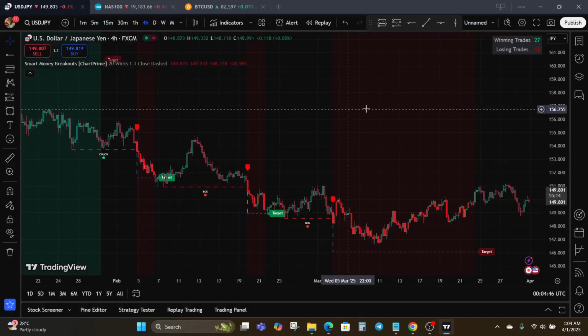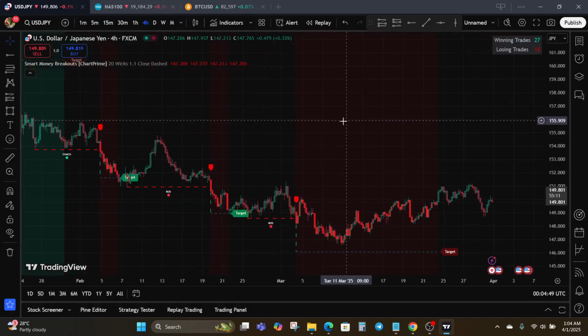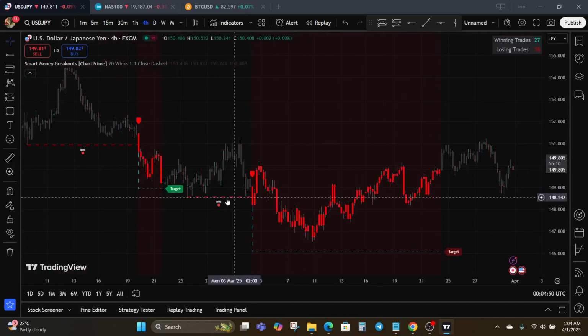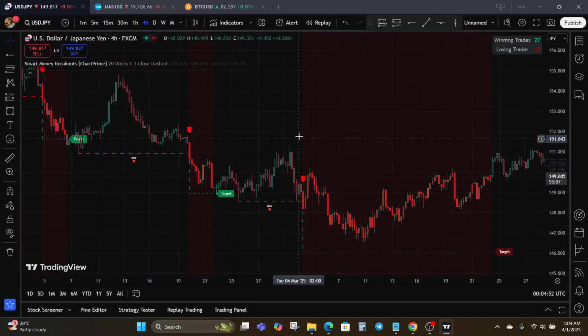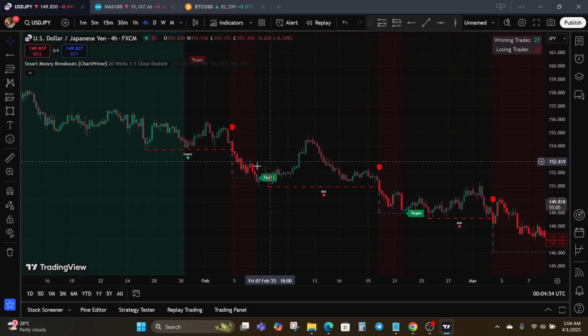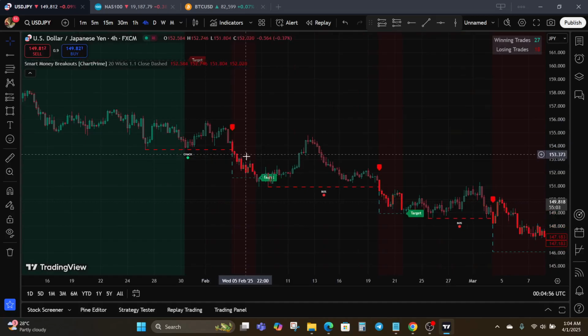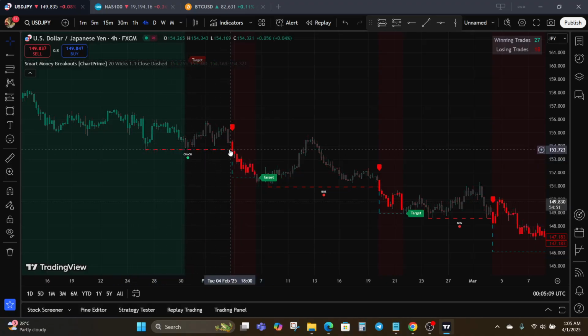So when using this indicator, you just have to pay attention to the BOS levels and the CHoCH levels. All right. So when a change of character has happened, you need to pay attention to price activity that takes place after that, right? For example, here we saw price breaking out of this particular zone highlighted.